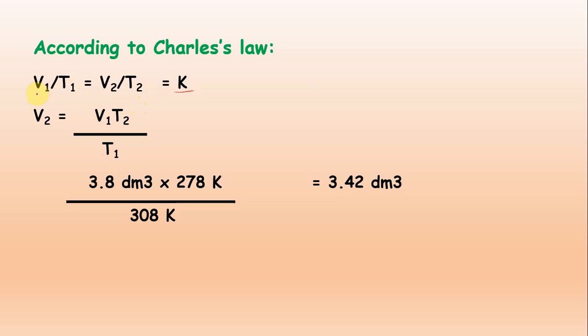So this equation can be rearranged in this way: V2 is equal to V1 T2 divided by T1. So V1 is 3.8 dm cube, T2 is 278 and T1 is 308. When you solve it, you will get 3.42 dm cube volume, which is being asked in this question.